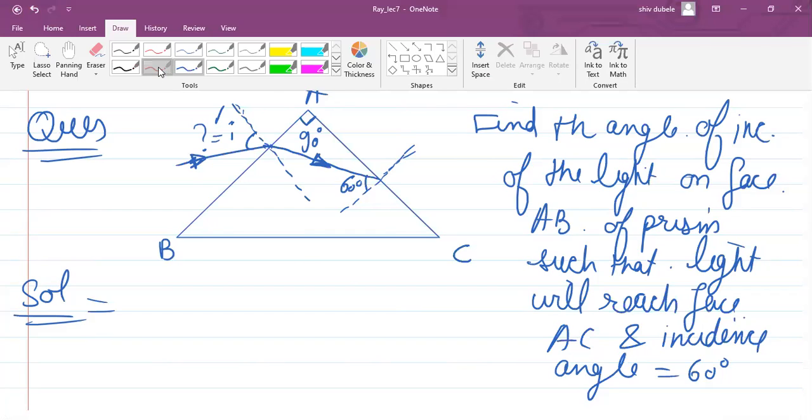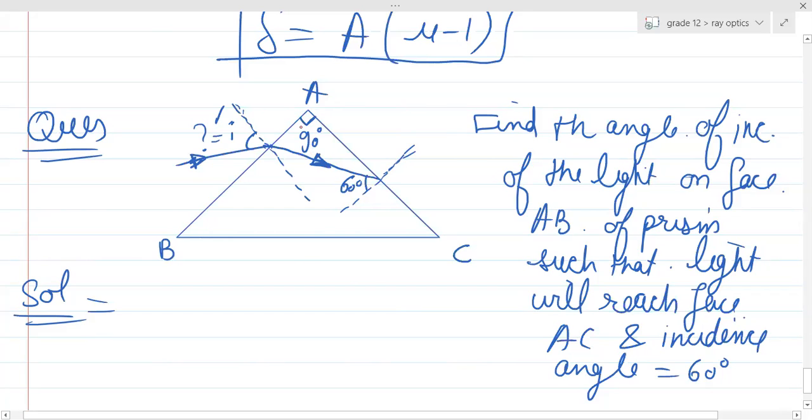We know that the angle of prism is basically the sum of this angle and this angle, right? So this angle is 60 degree. What will be this angle? This angle will become 30 degree. And if this angle becomes 30 degree, they have given the refractive index is 2. They have given this in the question.